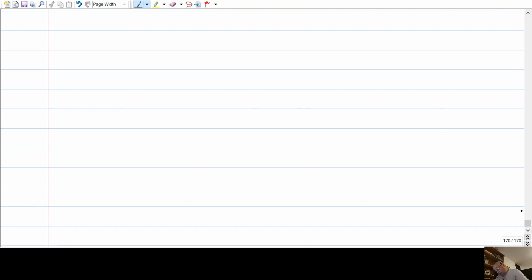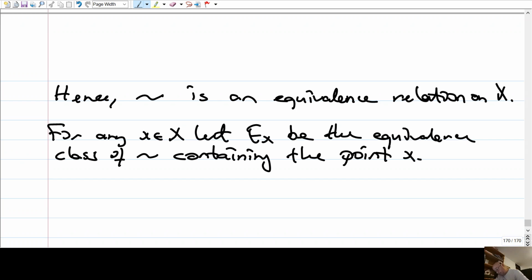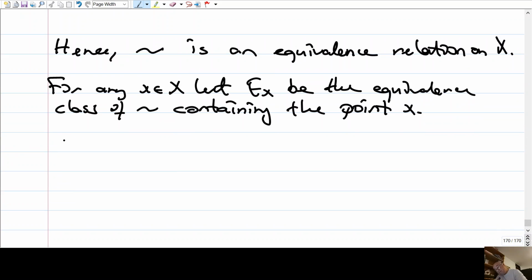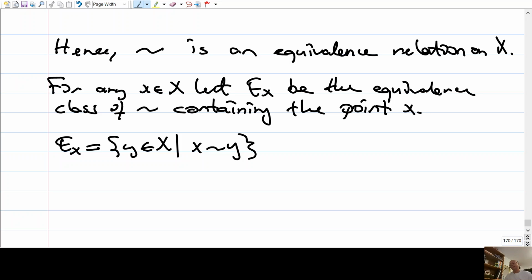So E_x is this: it is the set of all points y in X so that x is related to y.